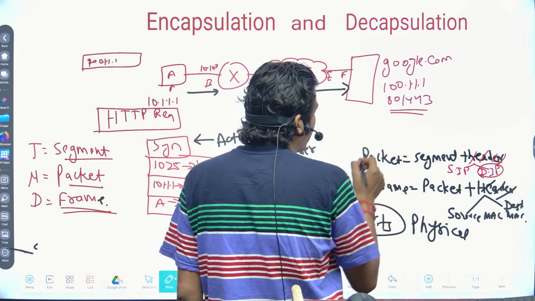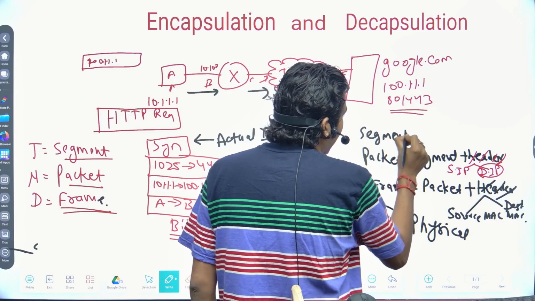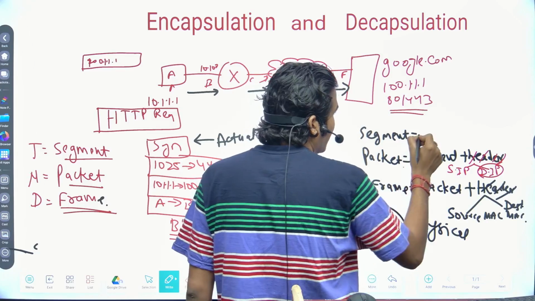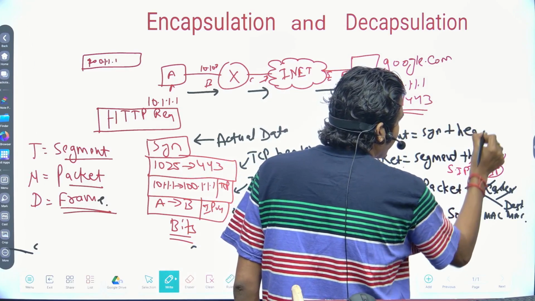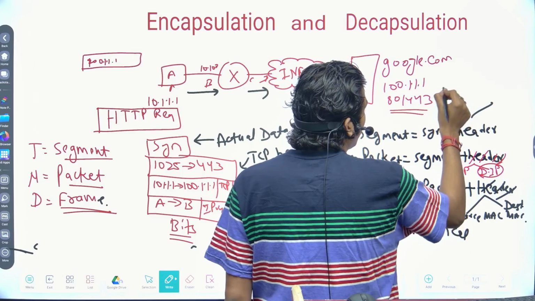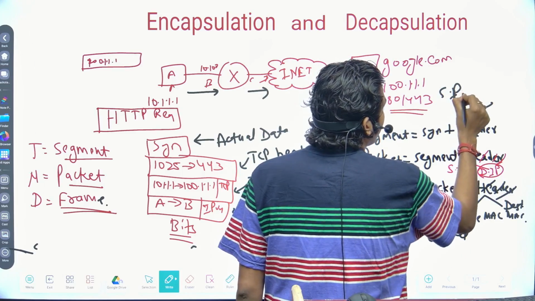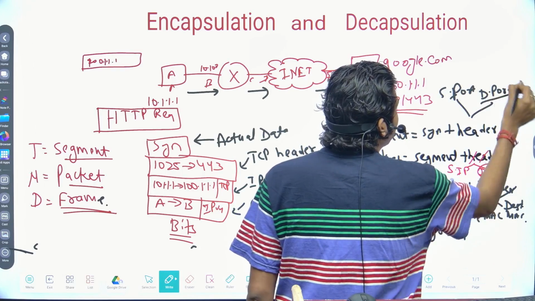Now the TCP protocol is going to receive the segment, and in the segment again there are two things: one is the SYN message, meaning actual data, plus again a header. And inside the header, there are two things: source port and destination port. It will check the destination port.